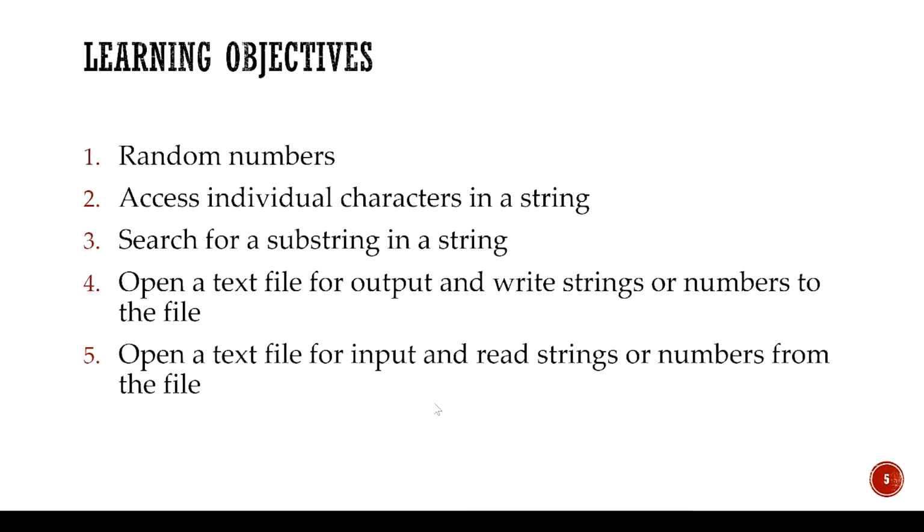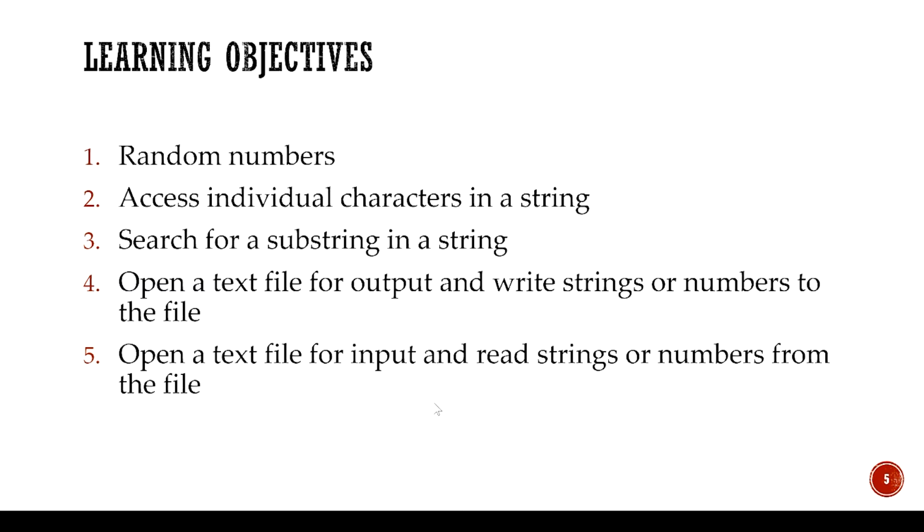Okay. Now we start chapter 4 of our first textbook, Fundamentals of Python. In this chapter, we learn how to generate random numbers, how to access individual characters in a string, and search for a substring in a string. We also discuss text files. Text files in Python are treated as an object.